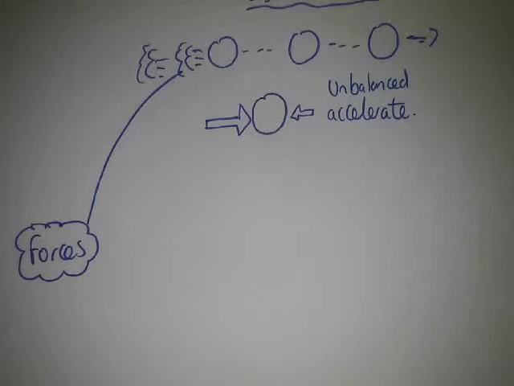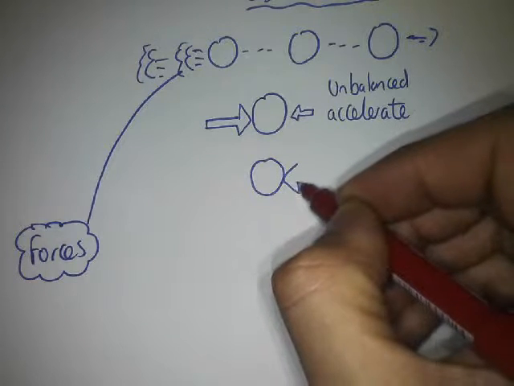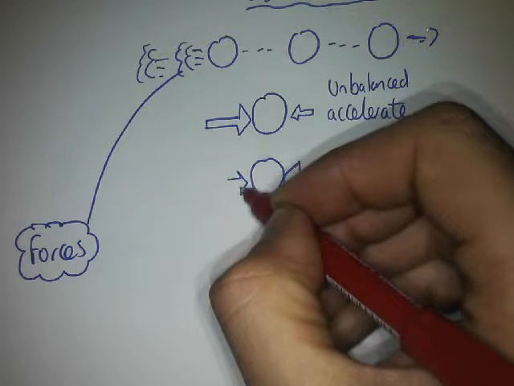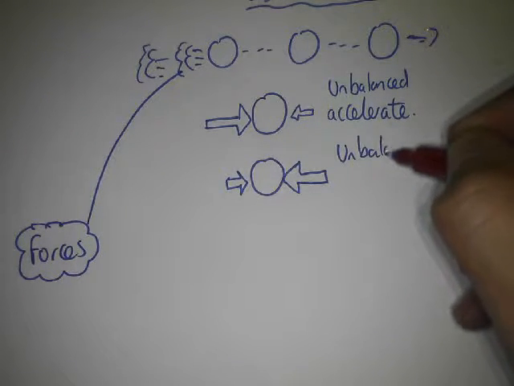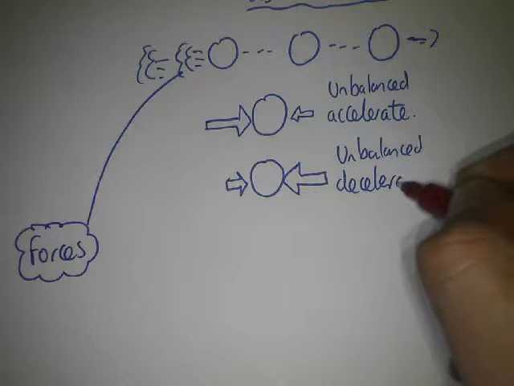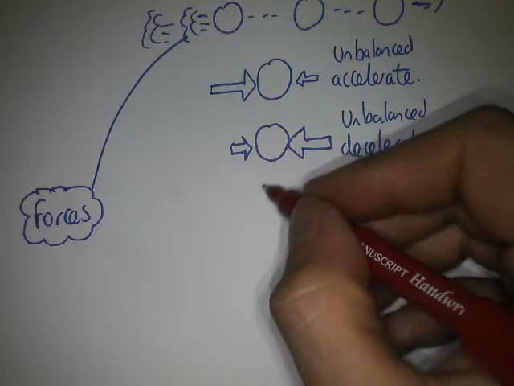That is state of motion number one, acceleration. Well, let's say we had a big force opposing its motion, the smaller force over here. And again, that will be unbalanced. And that ball will slow down. It will decelerate.